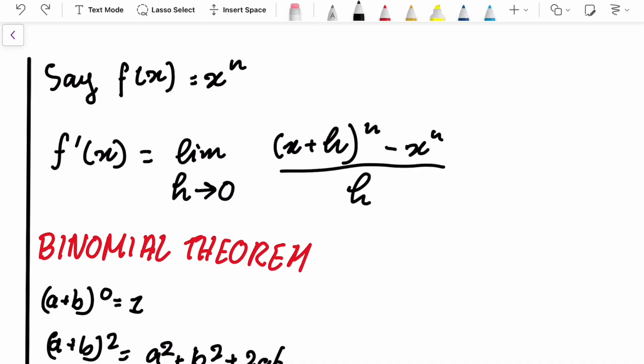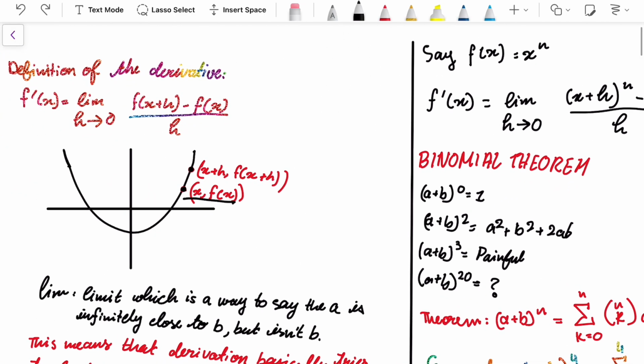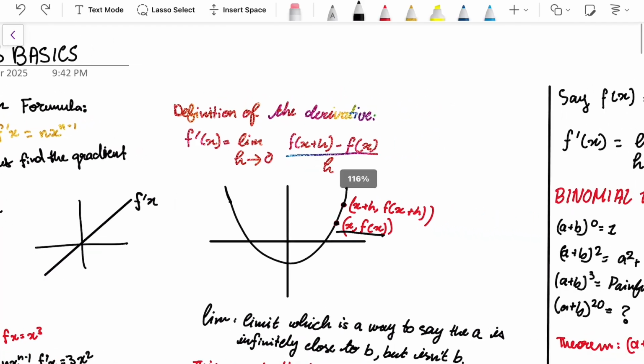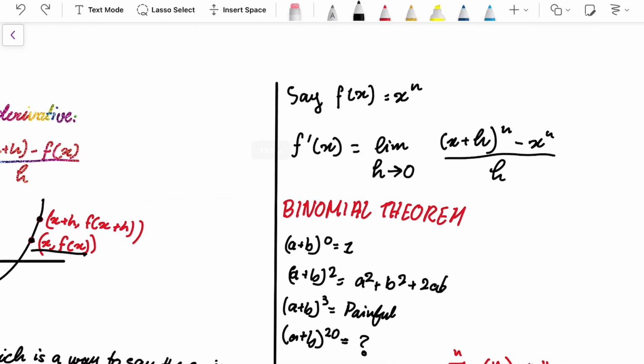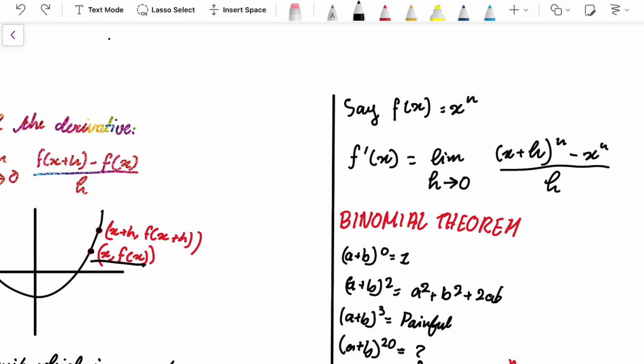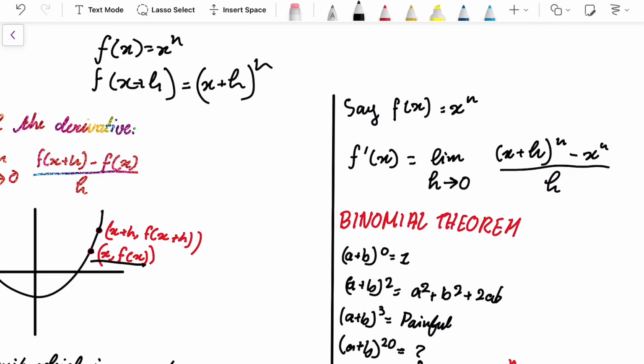Looking back at our f(x plus h), this bit over here, if f(x) is x to the power of n, then f(x plus h) is equal to (x plus h) to the power of n. That's what I've written over here. Cool, I'll just rub this out.